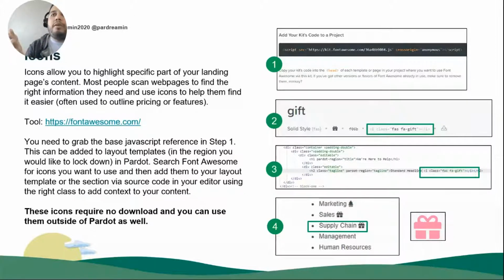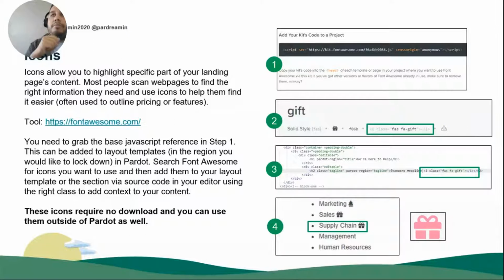After you find the one that you want, in my choice here, I chose a gift, and that's what you see on number 2. It gives you this very small snippet of code. And then what you can do is either one of 2 things. If you know that you always want the same icons on your landing page, for example, these are the 3 reasons why you should attend the webinar and the icons always look the same, you can go into the layout template here and just add them there.